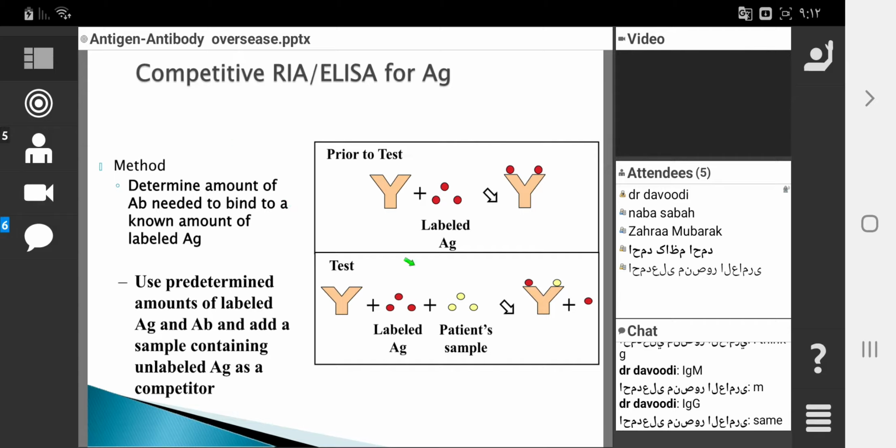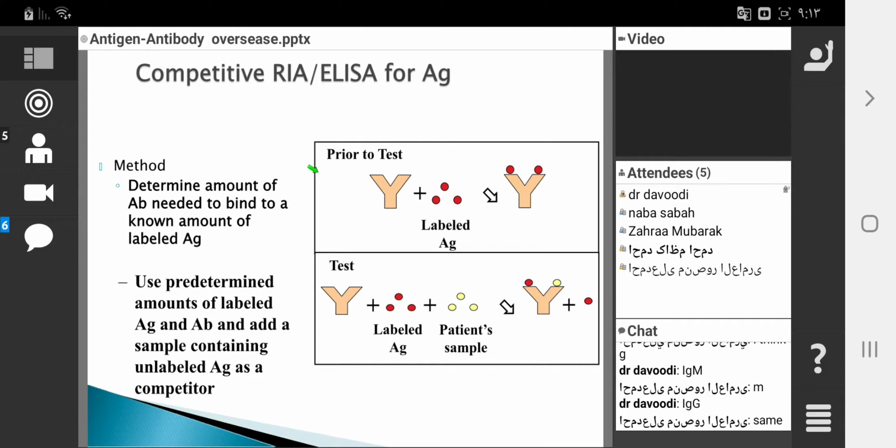This picture is a competitive RIA. So how is it performed?